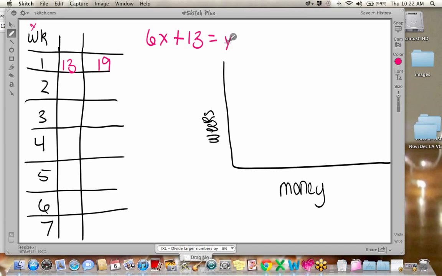So y. If I plug in a 1 here for week 1, oh, sorry, this is y. If I plug in a 1 for week 1, 6 times 1 is 6, plus 13 equals 19. Yes, that works. Let's plug in a 2 for week 2.